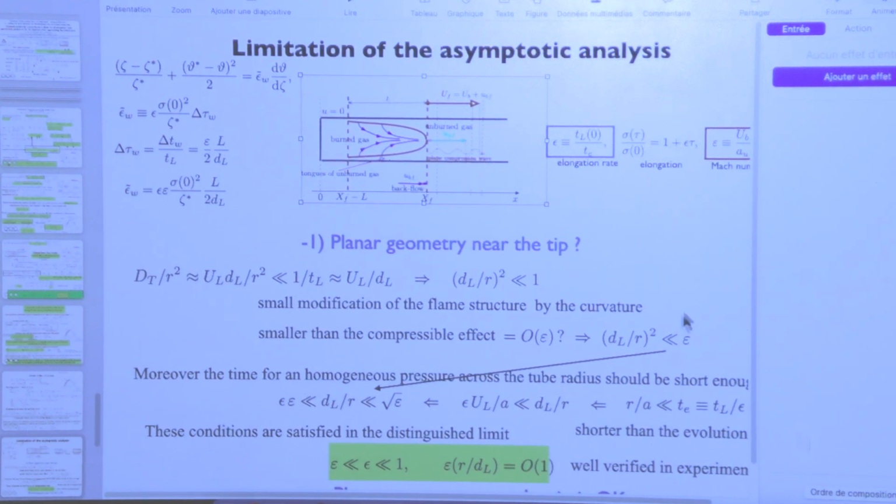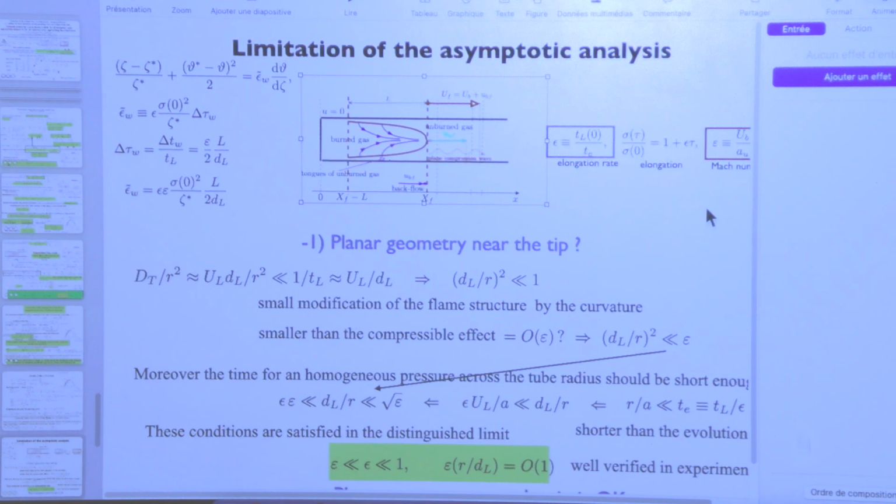So this epsilon here is the Mach number of the laminar flame speed, UB divided by AU, but you can also use UL divided by AU or UB divided by AB. This is the same order of magnitude, between 10 minus 1 and 10 minus 2.